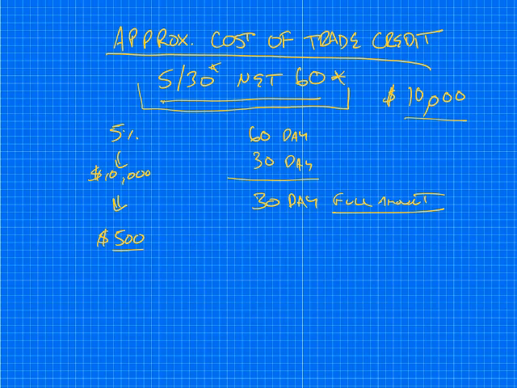Now what you want to think about is, I'm calculating the approximate cost of this trade credit, the amount that it's costing me to forgo this wonderful offer they're giving me. And as I said earlier, you want to annualize this.